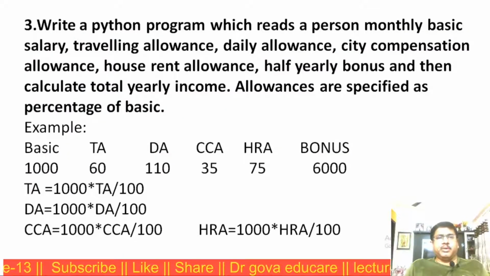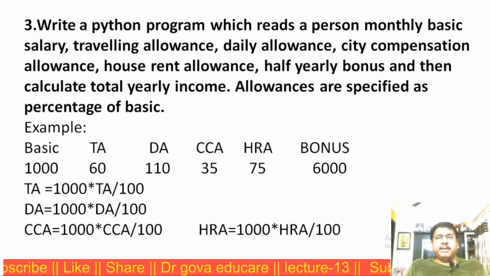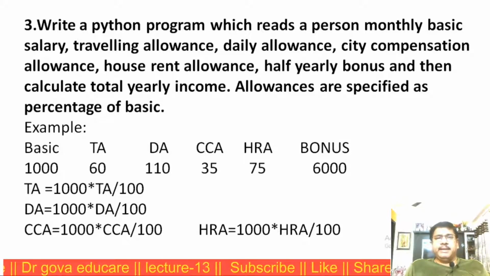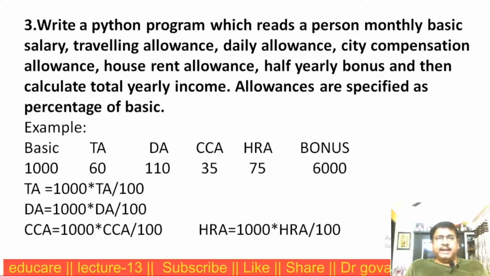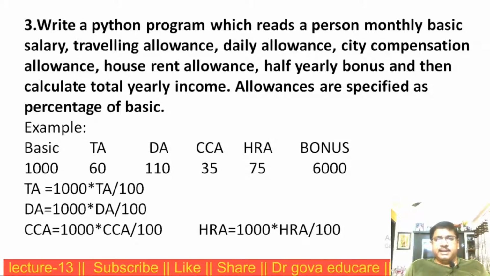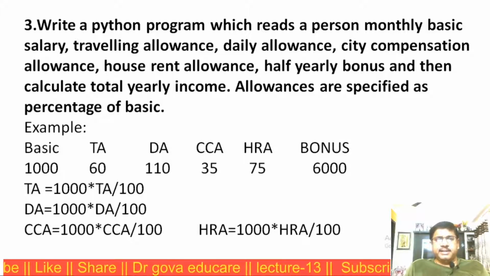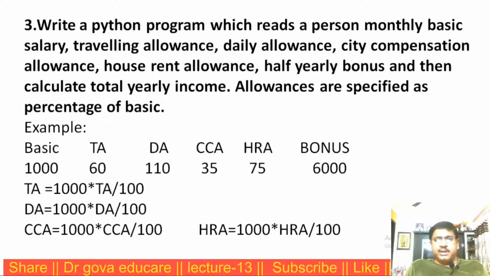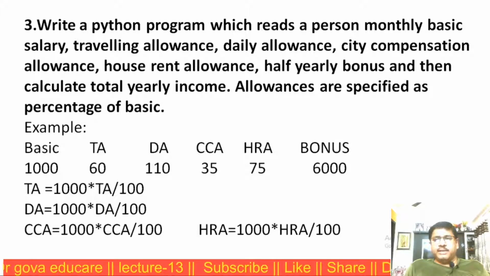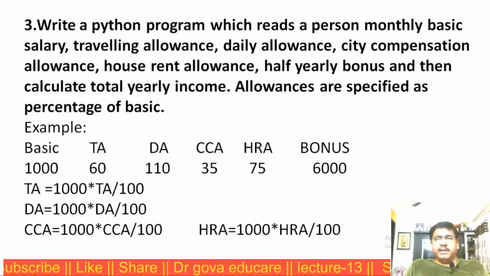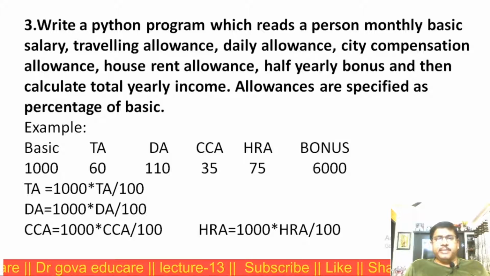Now the third program: write a Python program which reads a person's monthly basic salary, traveling allowances, daily allowances, city compensation allowances, house rent allowances, and half yearly bonus, and then calculates total yearly income, assuming allowances are specified as a percentage of basic.